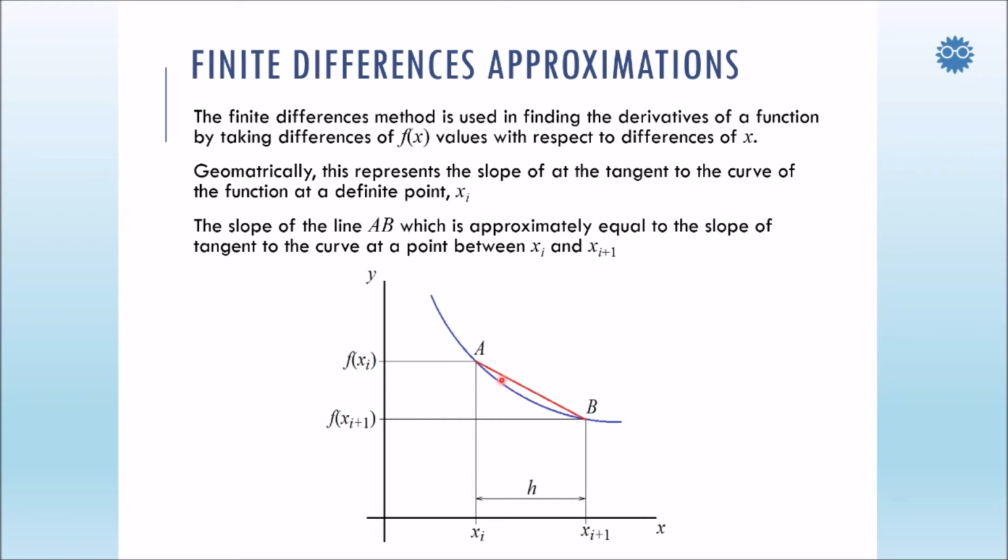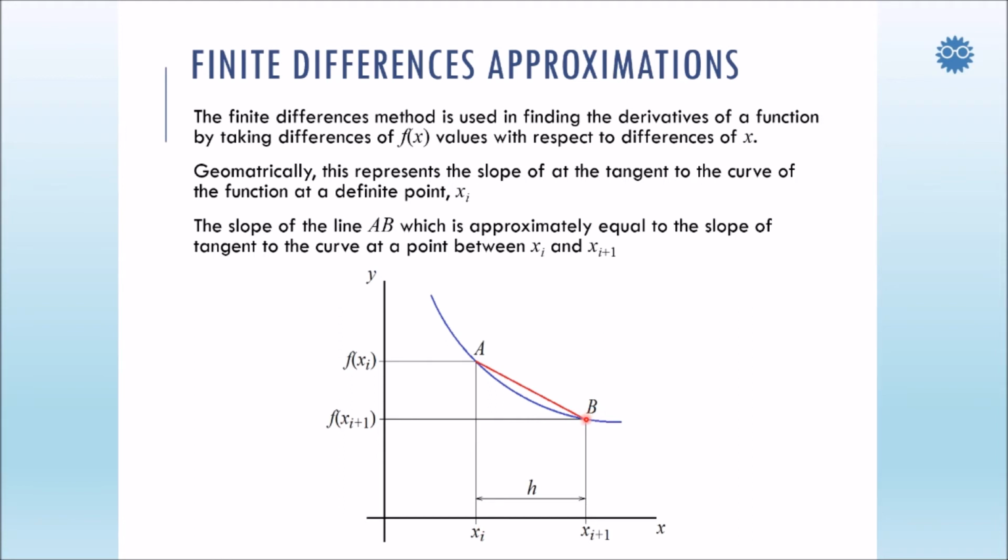Actually, when we look at this figure, we see that geometrically this difference represents the slope of this line AB. So when we take the difference of f of x over the difference of x, this will be the slope of this line. And this slope will be equal to the slope of the tangent at the point A, for example, when the two values of x are very close to each other.